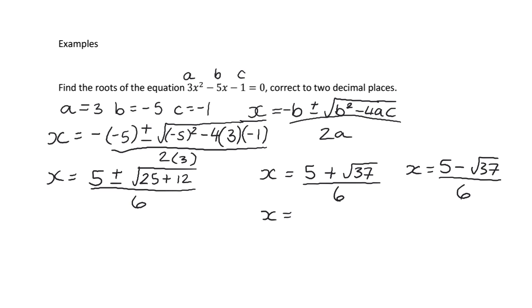So if I type into my calculator 5 plus root 37, I get 11.0877 continued on over 6. And if I do the same with 5 subtract root 37, I get minus 1.0827 over 6.